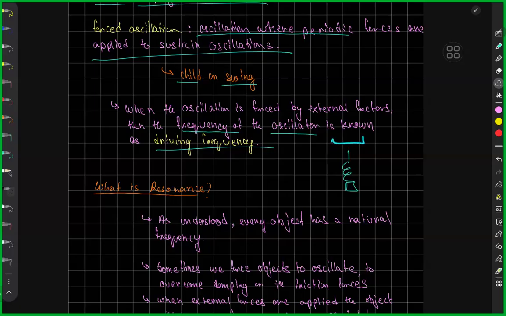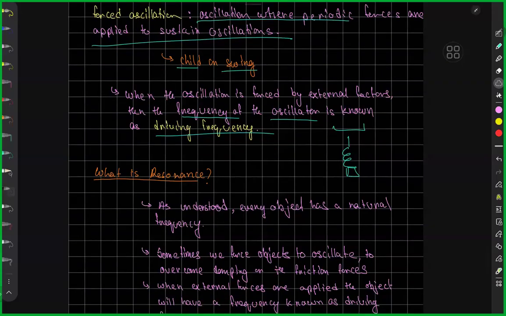So with respect to what frequency this fixed point moves up and down, my mass will oscillate up and down. Got it? So this is how you can provide the driving frequency.